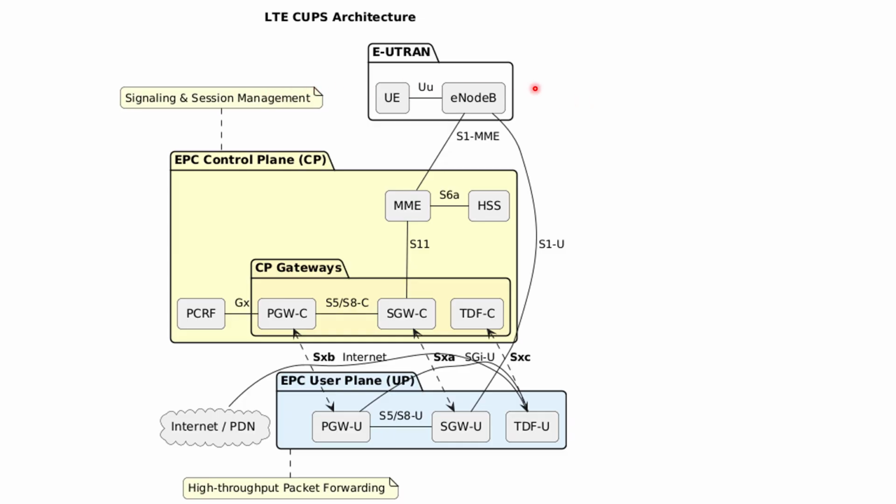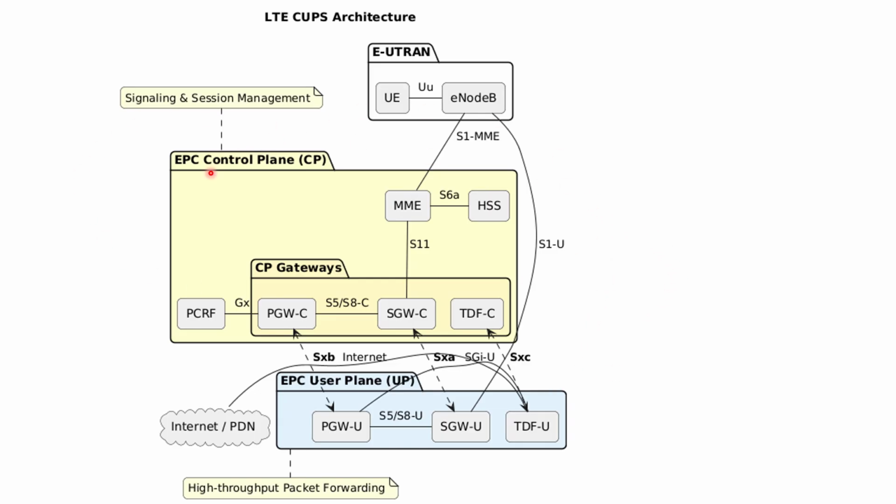The UE is going to connect to the eNode B via the Uu interface, and the eNode B splits into two interfaces: S1-MME and S1-U. S1-MME goes to the MME for authentication and mobility, and data goes via S1-U. So it bypasses the signaling core and goes directly to the high throughput user plane.